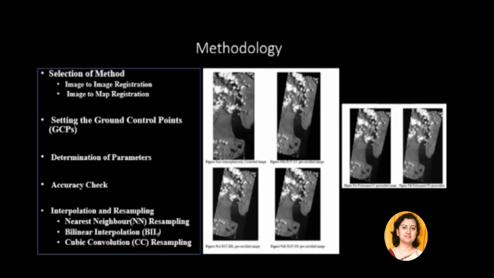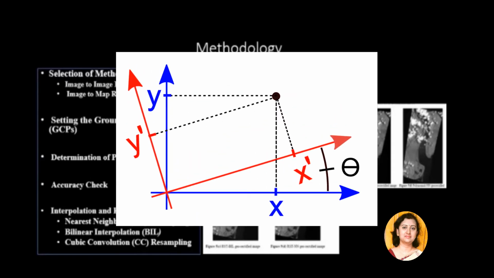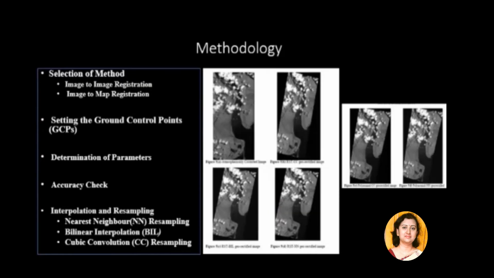So that is why you need to properly assign the correct XY coordinates of the image. So this is what is done in geometric correction. Okay. Now I will briefly go through the methodology part, after which I shall demonstrate the entire process in software.